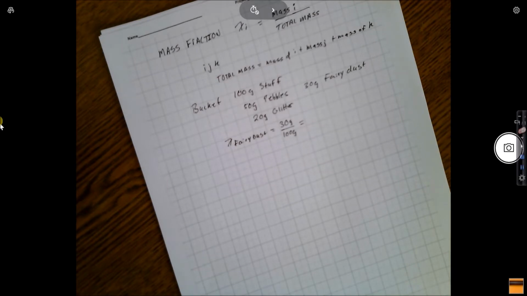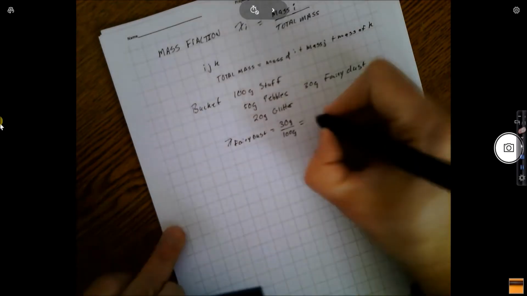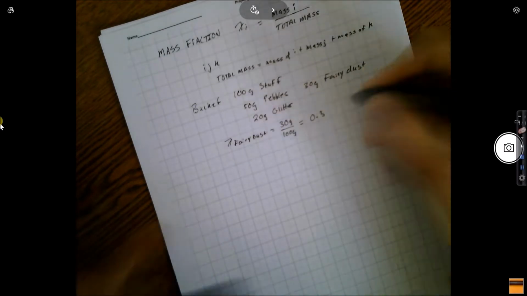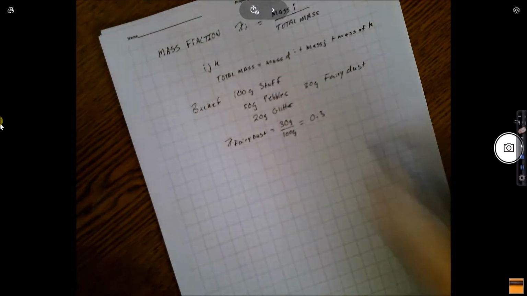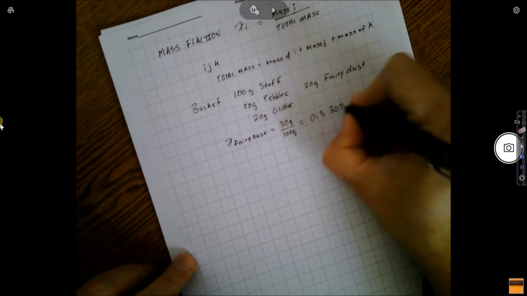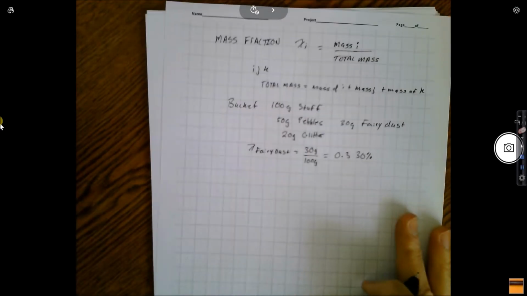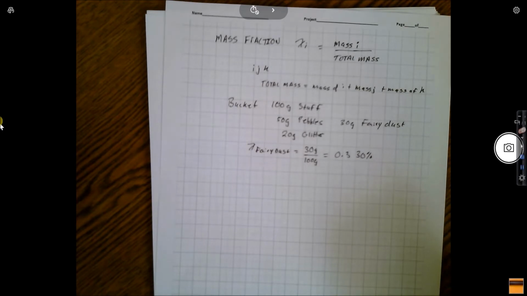So 30 divided by 100 gives 0.3. If you multiply that value by 100, it's 30%. That was a simple example. You could almost have guessed it because I started with a nice round number of 100. But anyhow, this is how you would calculate mass fraction.